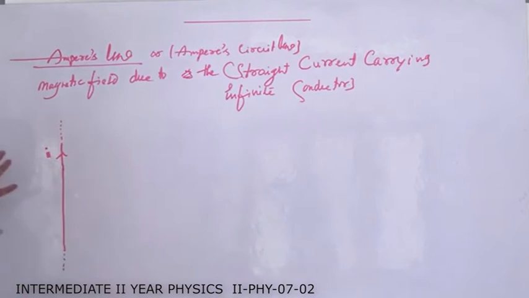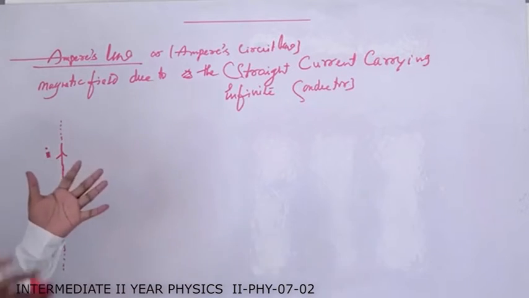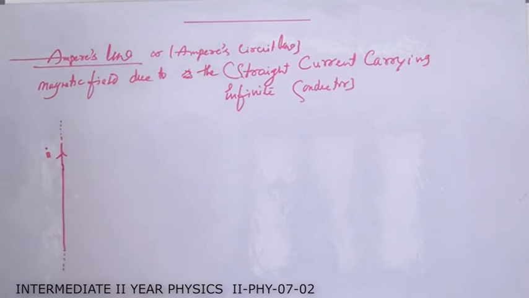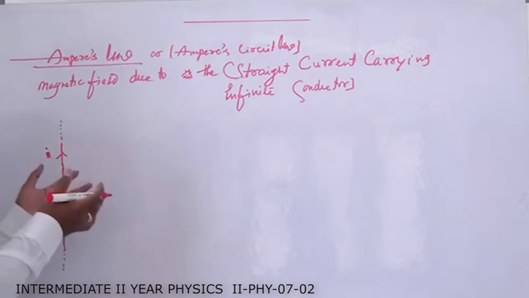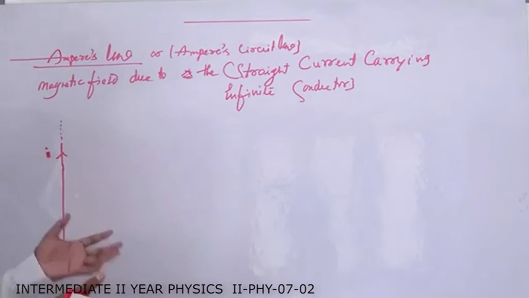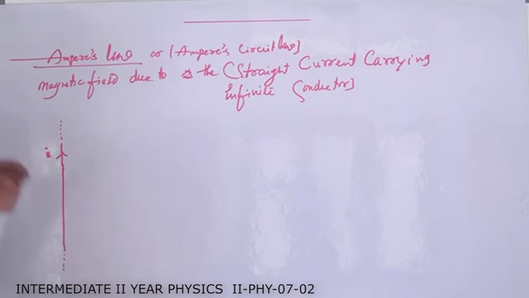Around this conductor, some magnetic field is created. Very basic: the magnetic field is because of current. So naturally, the magnetic field is directly proportional to the electric current. If the strength of the current increases, the magnetic field also increases.